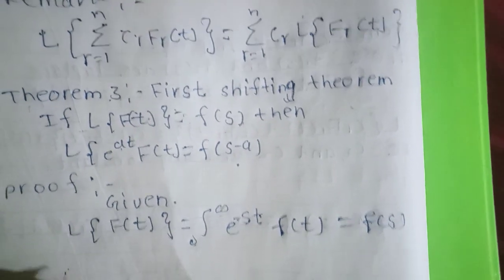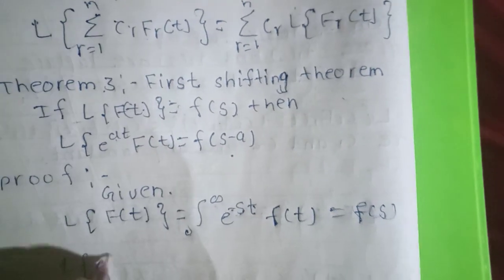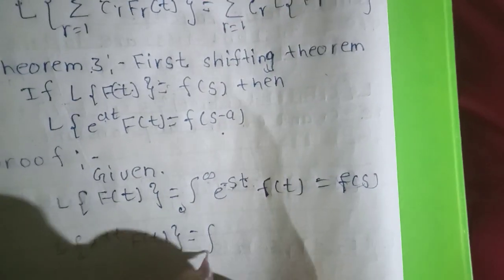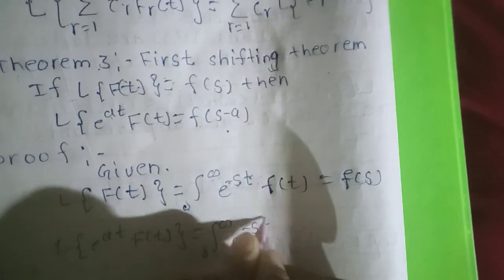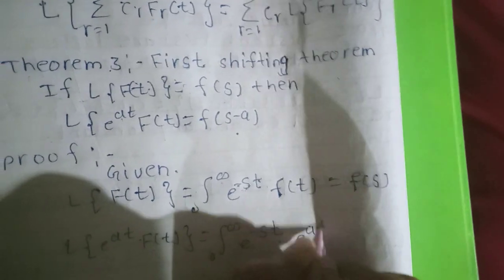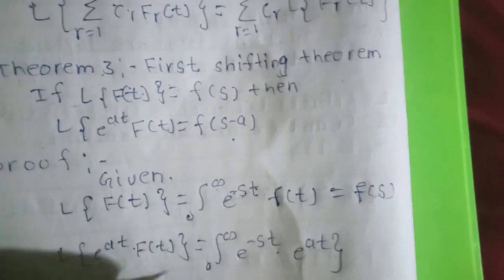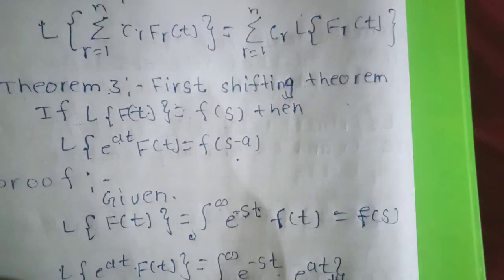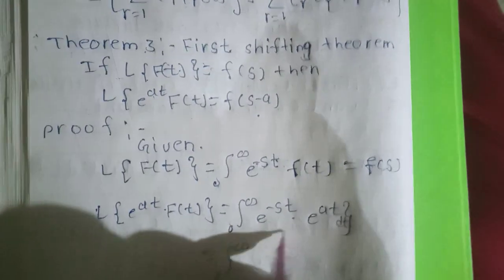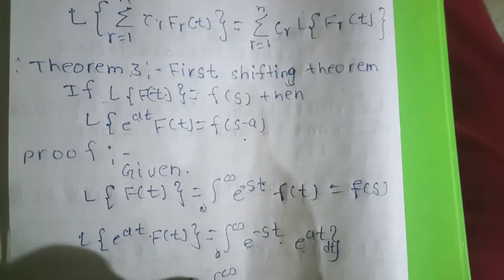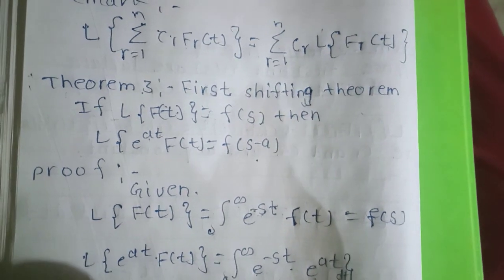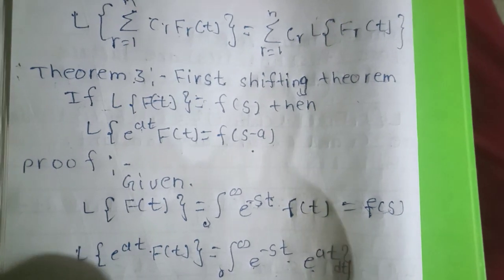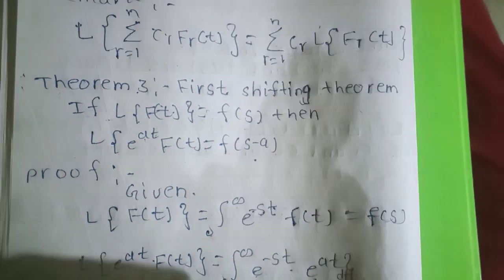Then Laplace transform of e raised to at f of t is equal to integration 0 to infinity e raised to minus st into e raised to at f of t dt. So this is equal to integration 0 to infinity, here the bases are equal so adding both, e raised to minus (s minus a) t f of t dt.